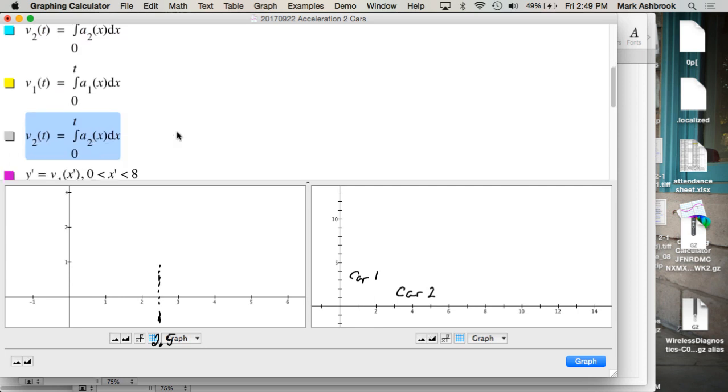All right, so I need position functions now, right? So position function for car 1 will be, I'll call it S, will be what? The integral from 0 to t of v1, and then for 2, S sub 2 of v2.